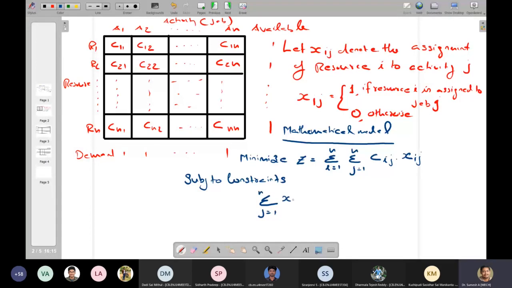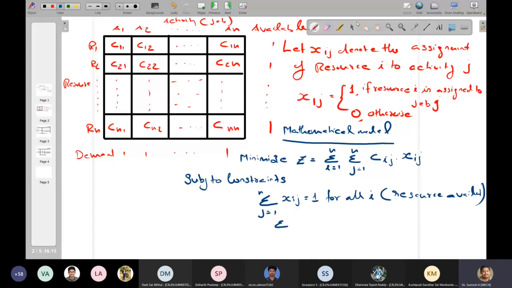Resource availability. There will be one more constraint: the summation of i equals 1 to n Xij equals 1 for all j.